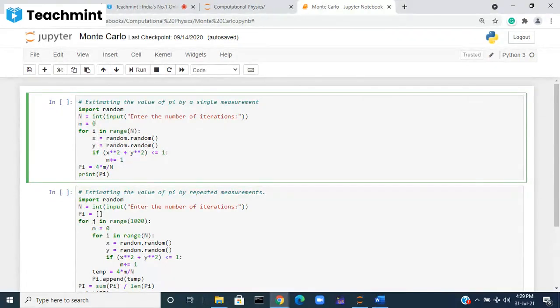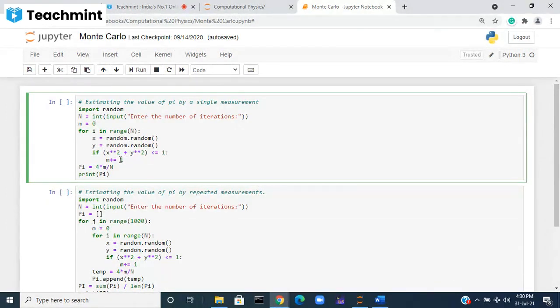So x and y get their values. These are random numbers lying between 0 and 1. Then we calculate d squared. d squared is x squared plus y squared. If this d squared is less than or equal to 1, the point lies inside the circle.